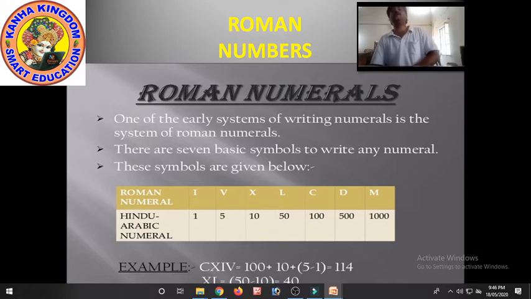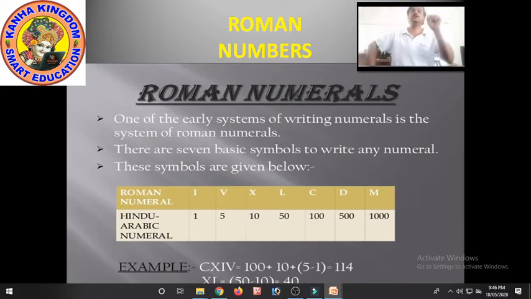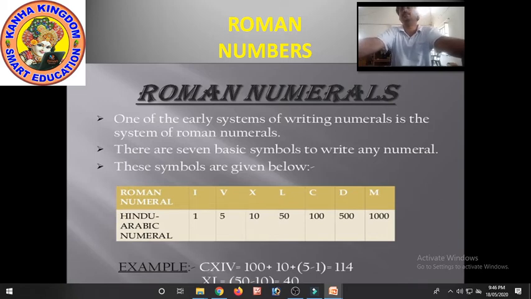How can we write 5 in Roman numerals? 5 equals V. Now 10: 10 equals X in Roman numerals.